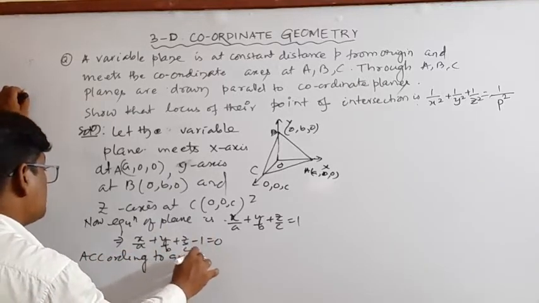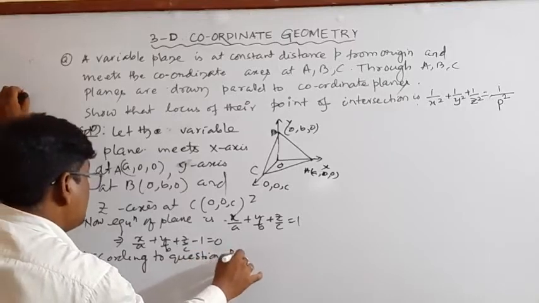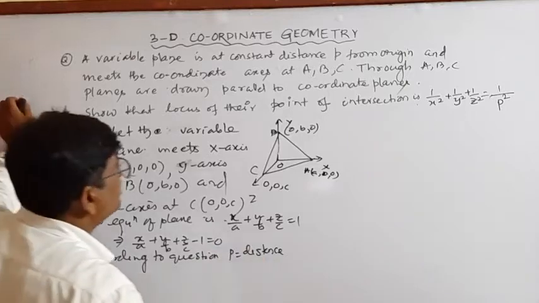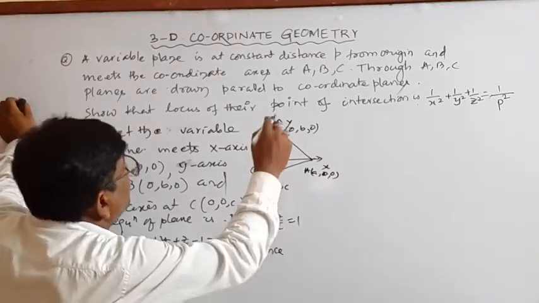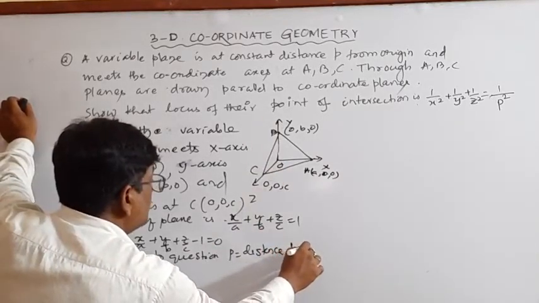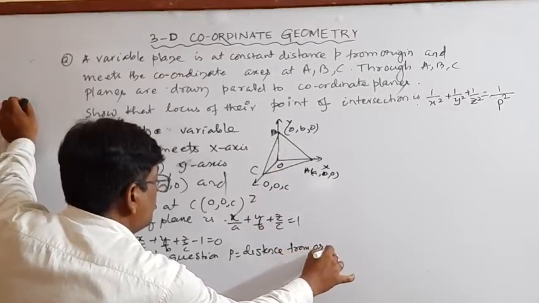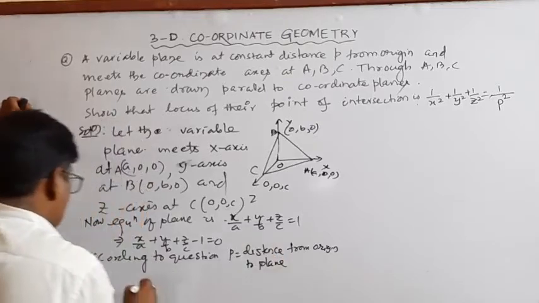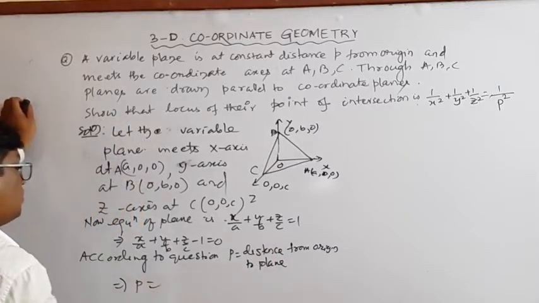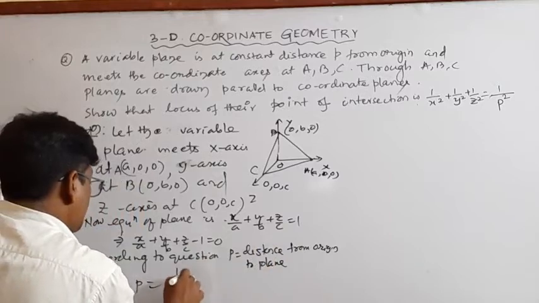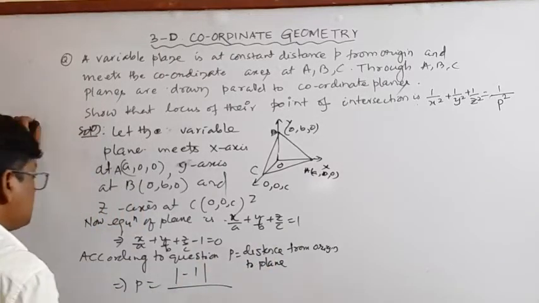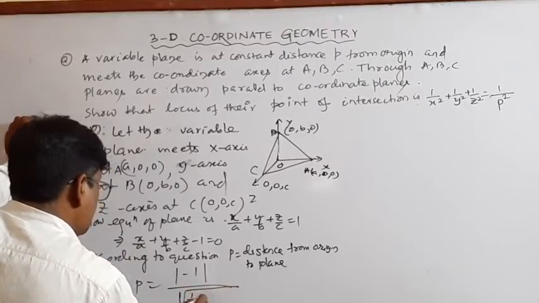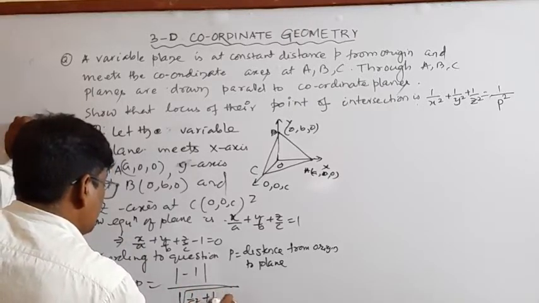Now according to the question, p is equal to the distance from origin to the plane. That implies p is equal to, the distance from origin means modulus of minus 1 divided by the square root of x coefficient square plus y coefficient square plus z coefficient square, that is 1 by a square plus 1 by b square plus 1 by c square.